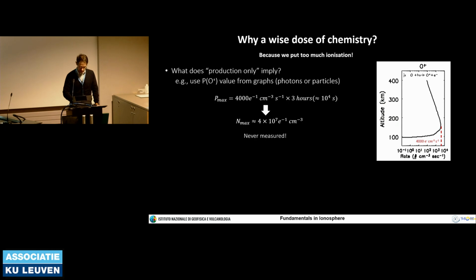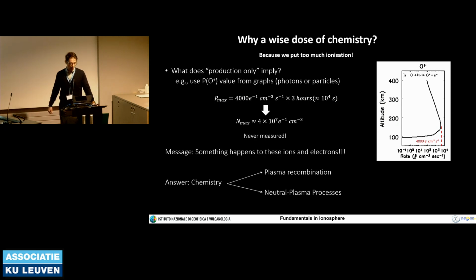Some electrons must be lost; something happens to these ions and electrons. And the answer is the chemistry. So the plasma recombination and some neutral plasma processes must be taken into account to complete the picture.